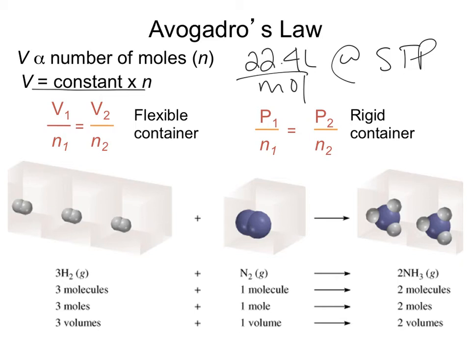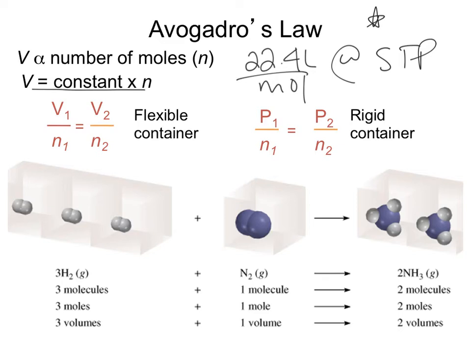So Avogadro's law is connected to Avogadro's hypothesis, which would say that 22.4 liters for every 6.022 times 10 to the 23rd molecules at STP is how this relationship would look. But because Avogadro's law considers molar amounts, we look at it with respect to 22.4 liters per mole.